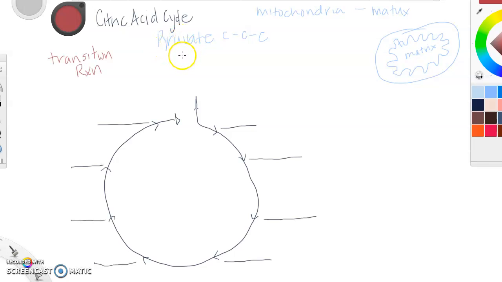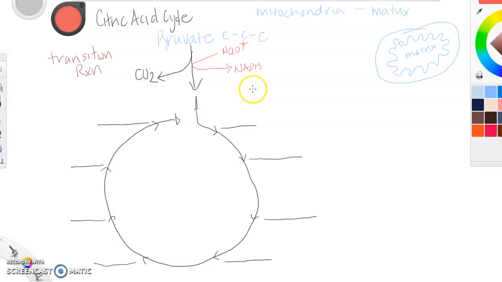And what happens with the pyruvate is it goes through some reactions and it decarboxylates. That's one of the things that happens to it. And from that, we lose our carbon as carbon dioxide. So we get rid of the CO2. Another thing we get out of this reaction is an NADH. So we get an NADH from this reaction.